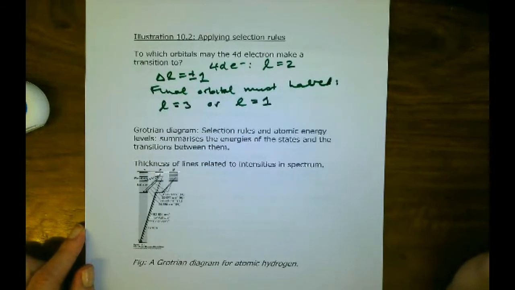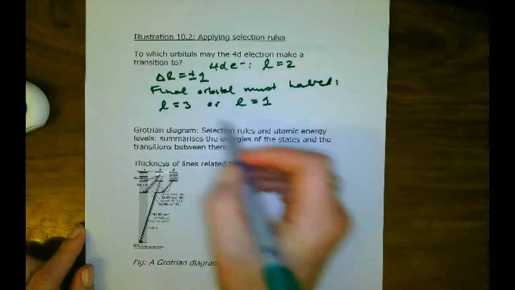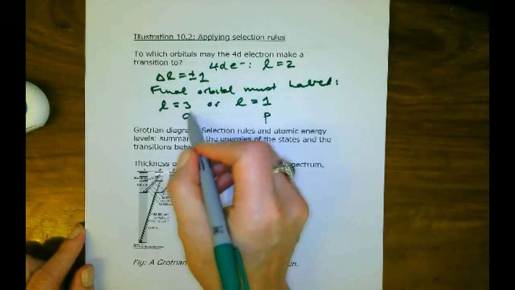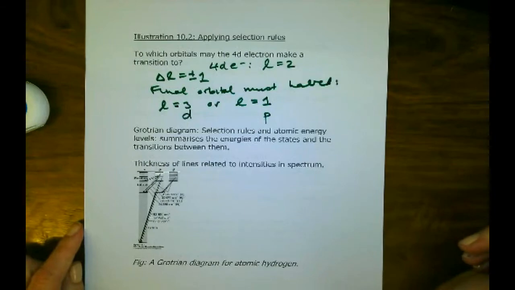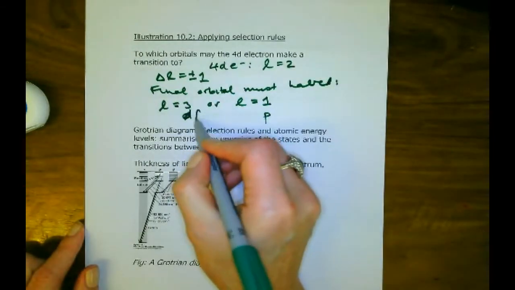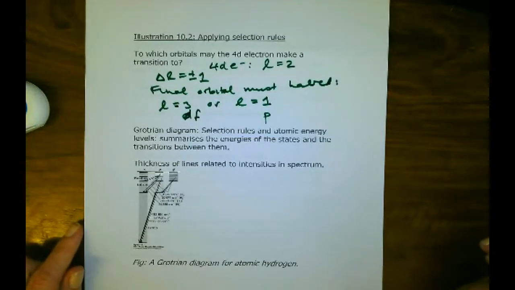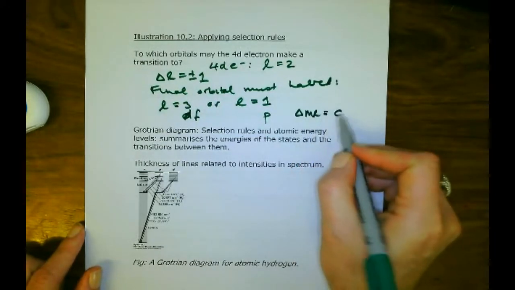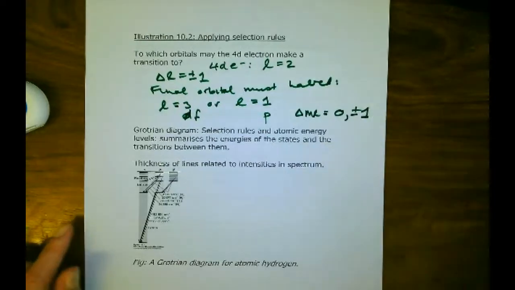So that would be a p orbital or an f orbital. L equal to 3 is an f orbital, and any f orbital is allowed, provided that the change in ml is 0 or plus or minus 1.